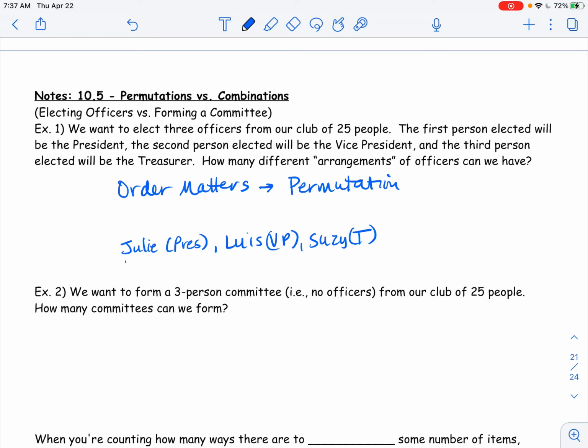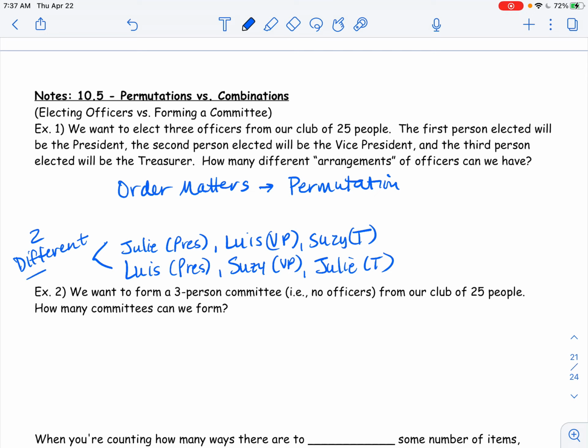That is different than having Louis as president and maybe Susie as vice president, and let's say Julie gets treasurer. See, these are two different ways to elect those officers. So in this case, the order matters.